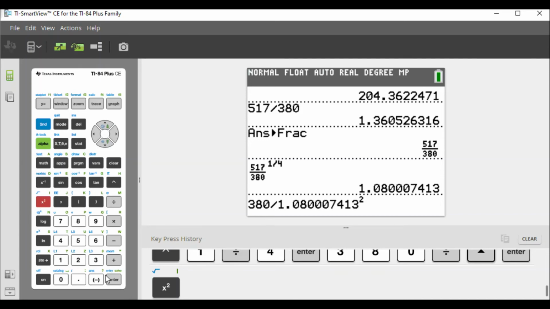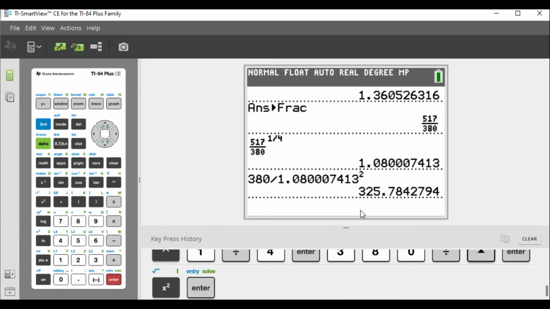We hit enter, and we get 325.7842794, which in this case we're going to round the a value to 325.8. To round off to the nearest tenth, which is the first decimal, because 8 is greater than 5, we add 1 to the 7. So we get 325.8.